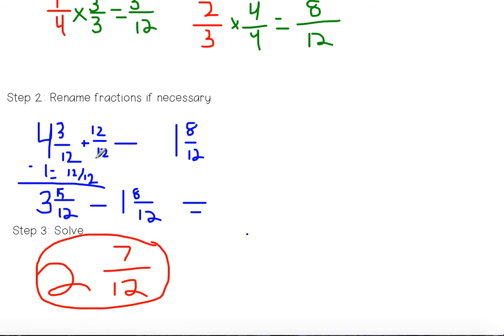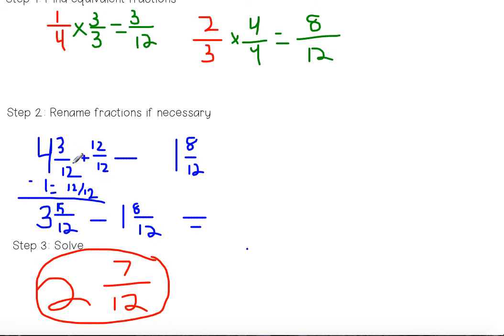Okay? The reason I had to switch, remember, the reason I had to convert this fraction into a mixed number with an improper fraction was because my numerator was smaller than this numerator. So I had to convert this fraction by taking a whole out of the whole number, converting it to 12 over 12, and adding it to my fraction that was already here.